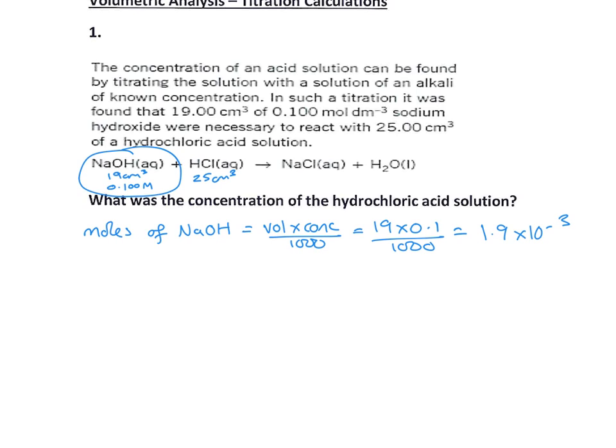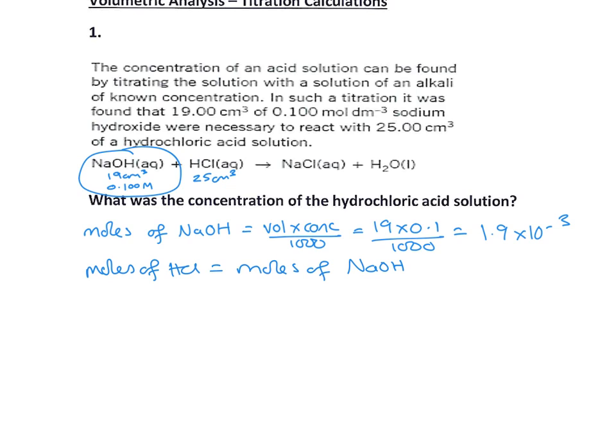Now we can see from the equation that 1 mole of sodium hydroxide is going to react with 1 mole of hydrochloric acid, so it's a 1-to-1 relationship. So the moles of HCl are going to be the same as the moles of sodium hydroxide.